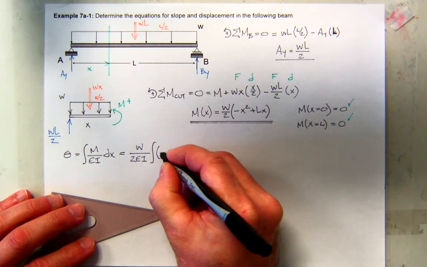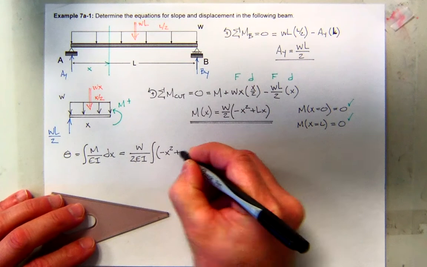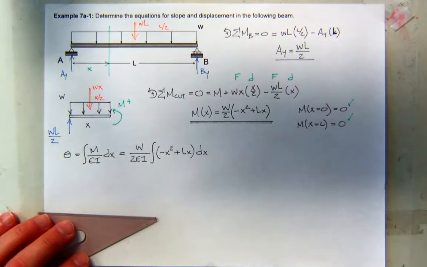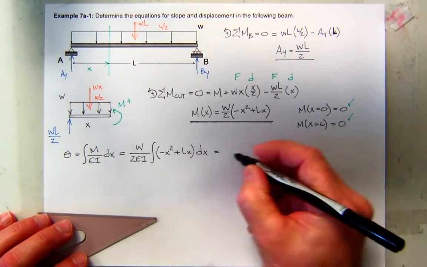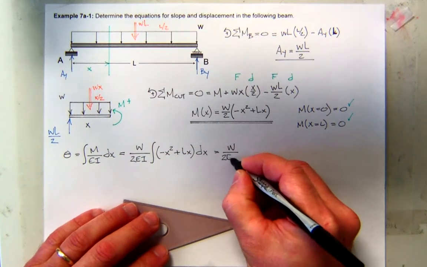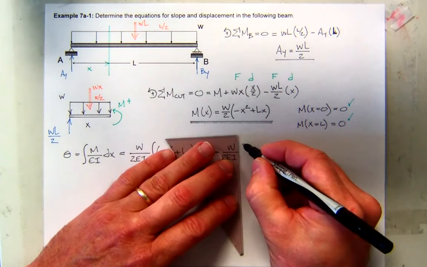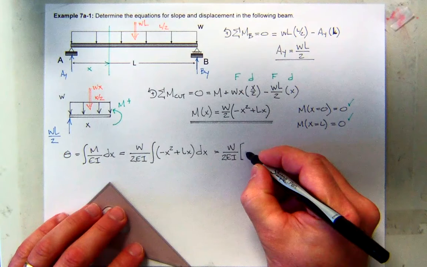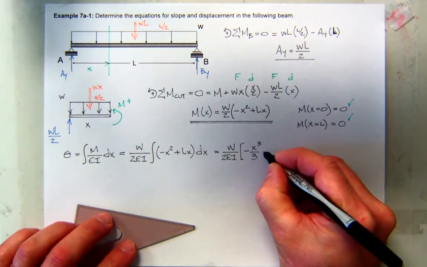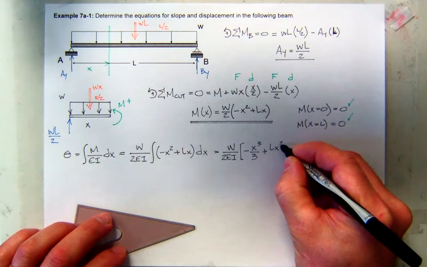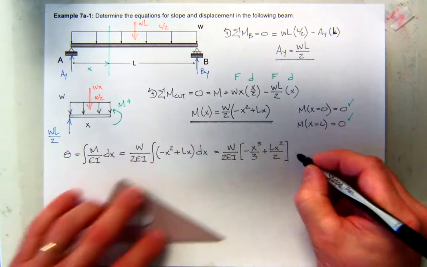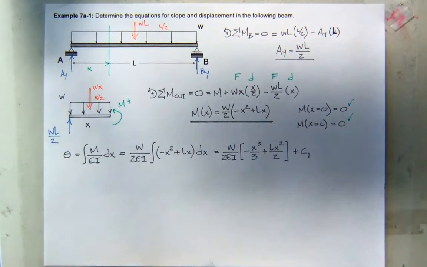In this case, it's minus x squared plus Lx, and we're integrating with x. So if we do that integral, we should get w over 2EI, and then the integral of this will be minus x cubed over 3 plus Lx squared over 2. There's that part, and then there's our first integration constant.